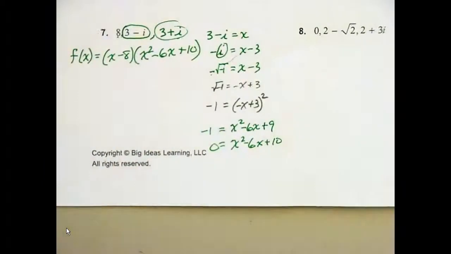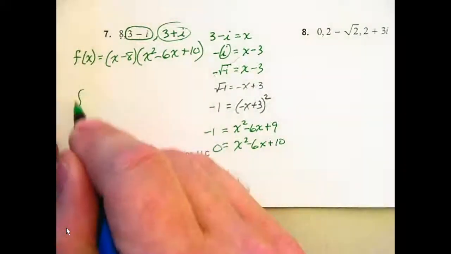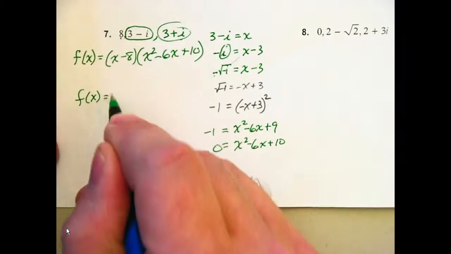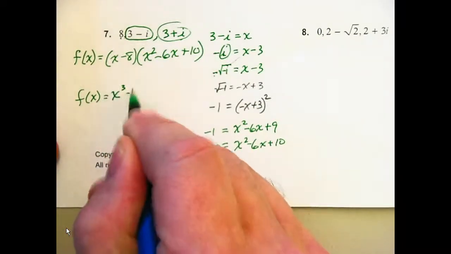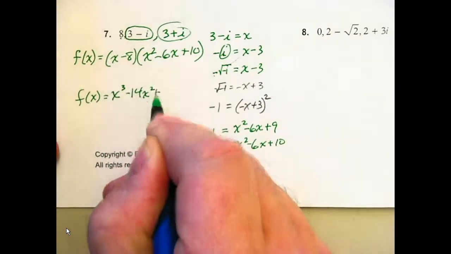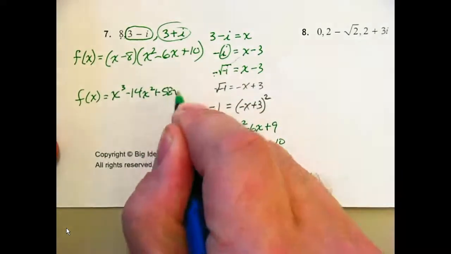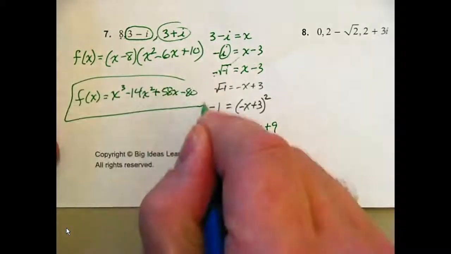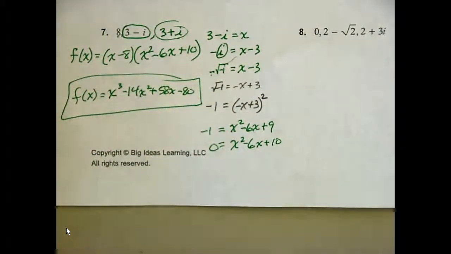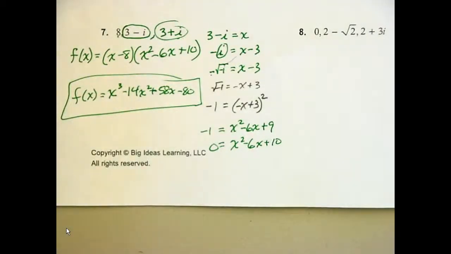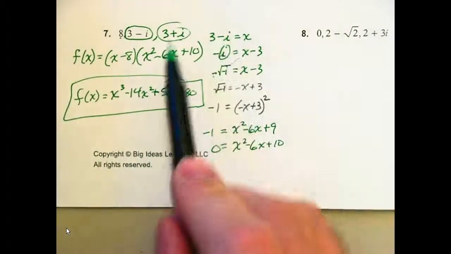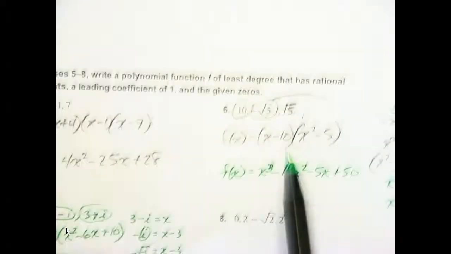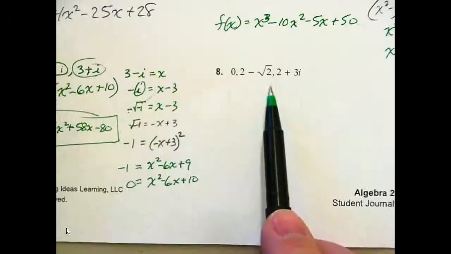All right. So from there, you multiply it out, correct? Okay, and I'm assuming you can do that, but you get x cubed minus 14x squared plus 58x minus 80. Okay, pretty sure that you guys can multiply it out. Okay, and then we just, for fun, make it so you have to deal with an imaginary and an irrational in the same problem.